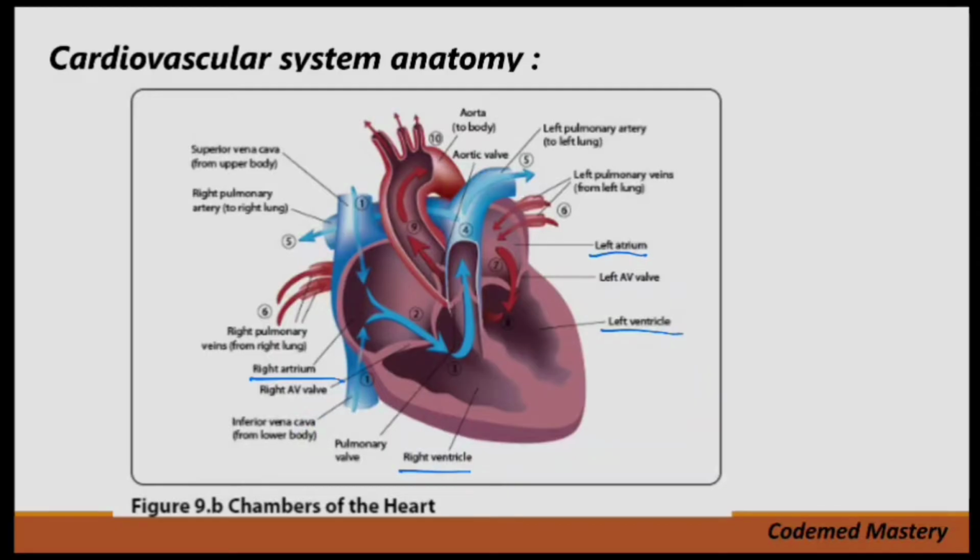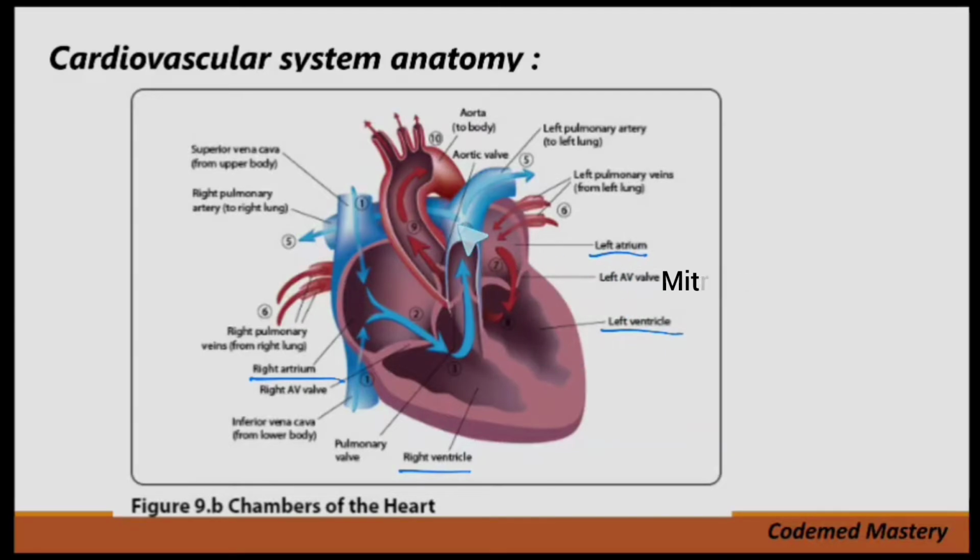The heart has four valves. The first one is right AV valve, that is also known as the tricuspid valve. It is located between the right atrium and the right ventricle. And next is pulmonary valve. This is located between the right ventricle and the pulmonary artery. Next, mitral valve, that is left AV valve, which is located between the left atrium and the left ventricle.